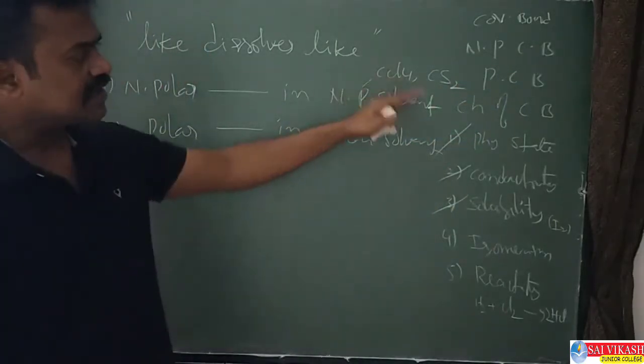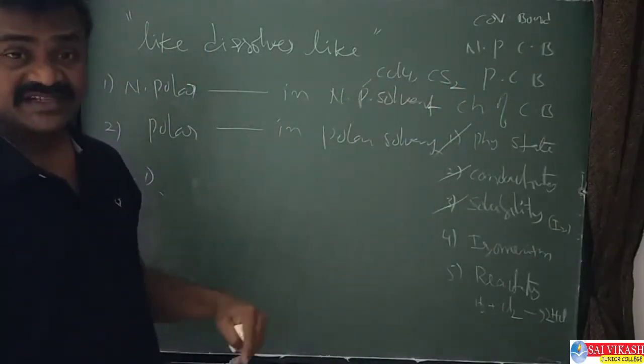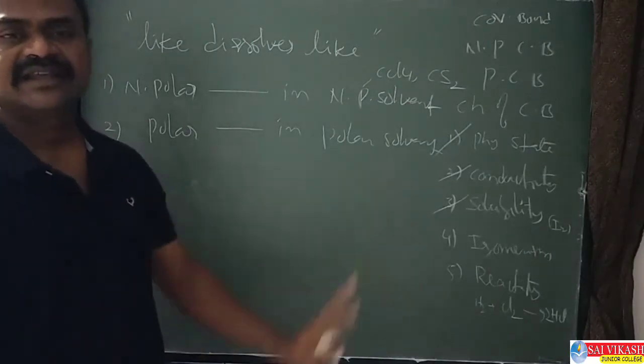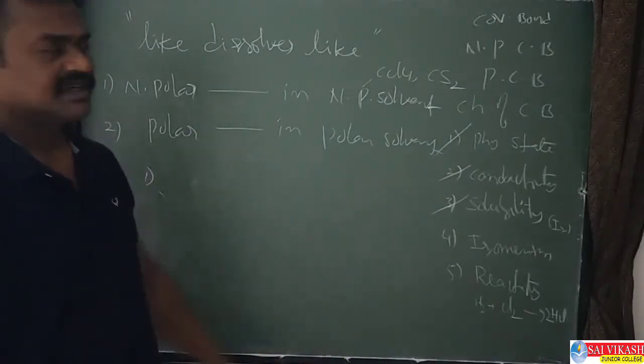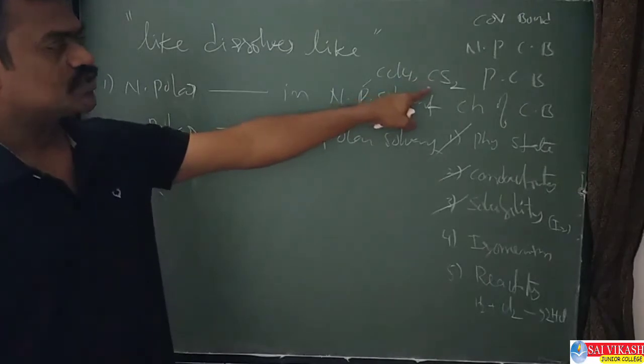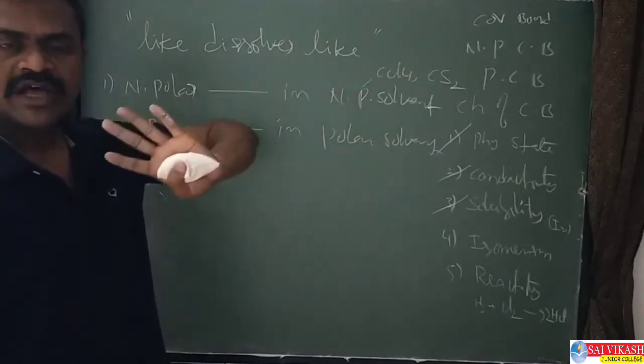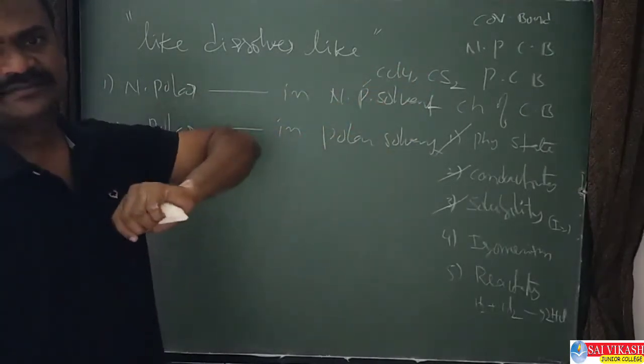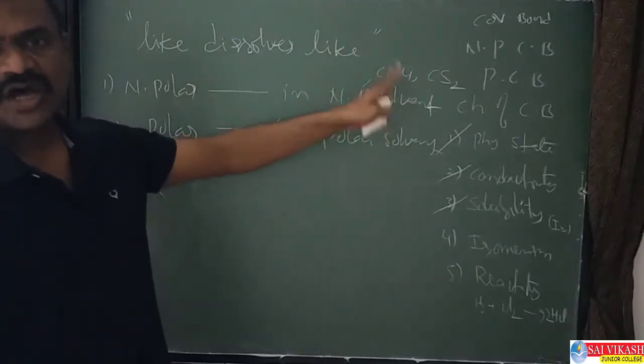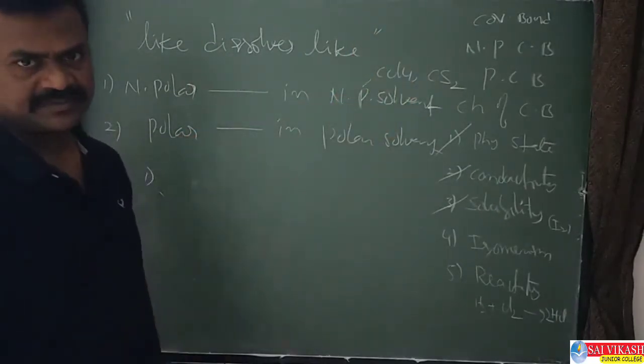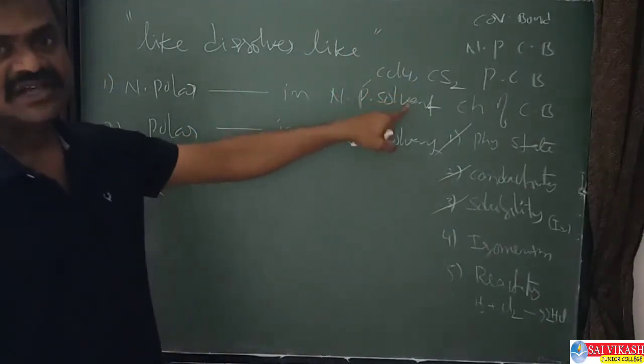All these are non-polar solvents, meaning there is no polarity in them. CCl4, CS2 have no polarity at all, so they are all non-polar liquid solvents.